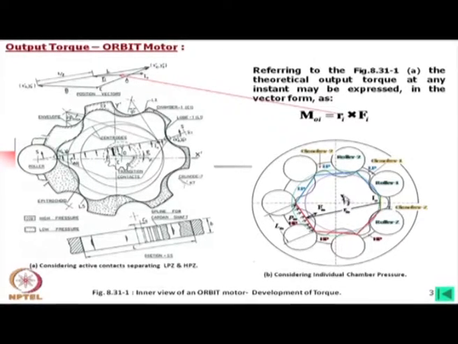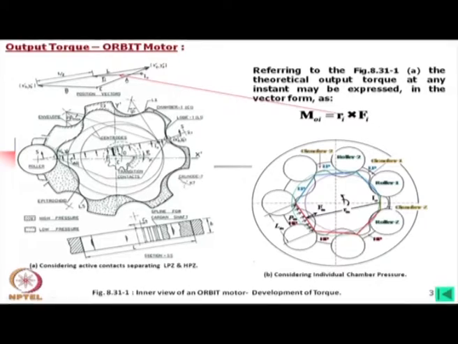Now, this whole body or the star is revolving around this axis in the anti-clockwise direction, whereas this body itself is rotating in the clockwise direction. So, output will be clockwise looking from this side. Now, in this case we have considered the high pressure zone and low pressure zone separated by this line, and these two contacts we may consider active contacts.